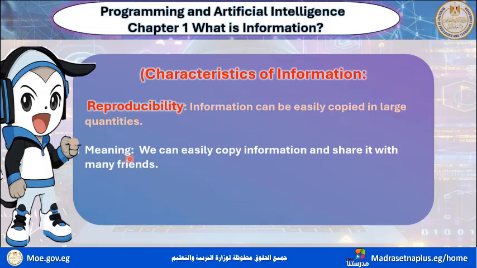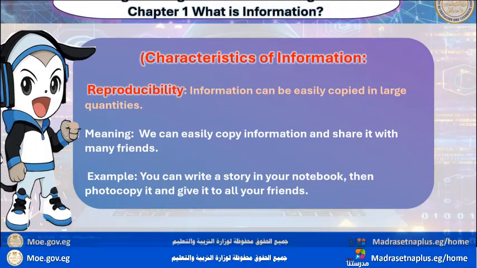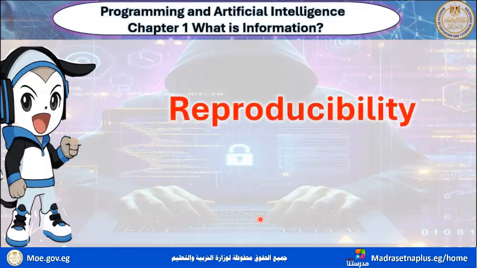And reproducibility means we can easily copy information and share it with many friends. For example, you can write a story in your notebook, then photocopy it and give it to all your friends. Check the image with me.